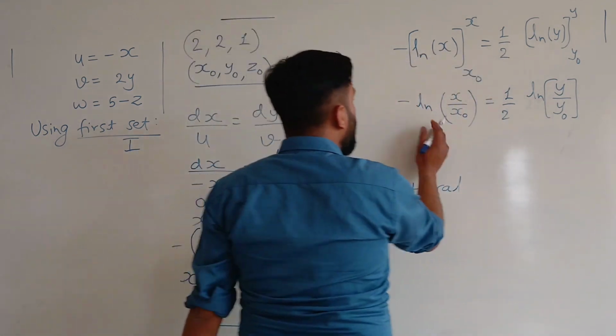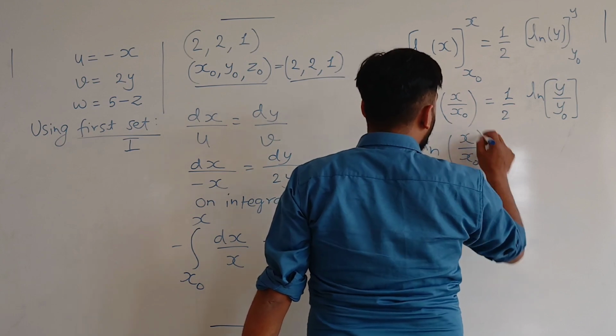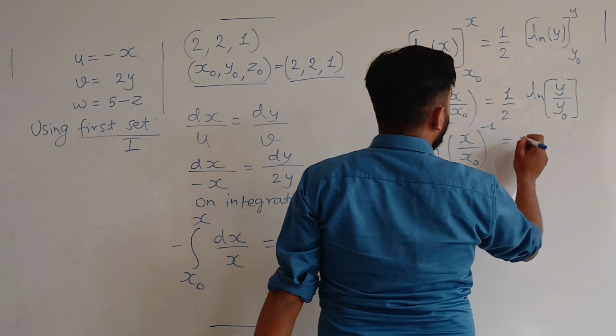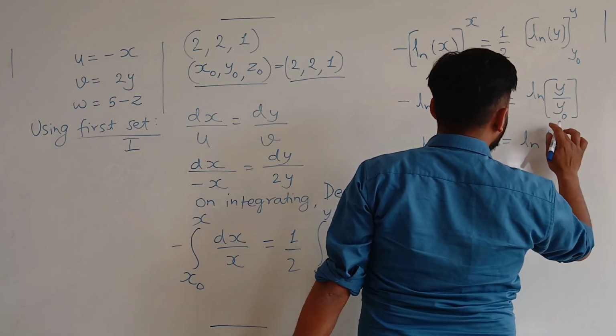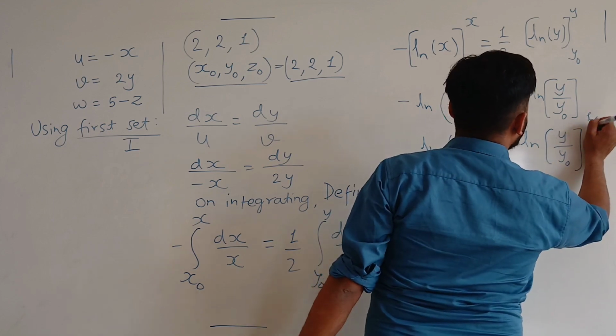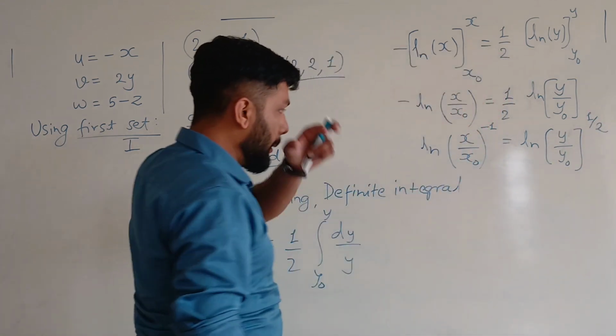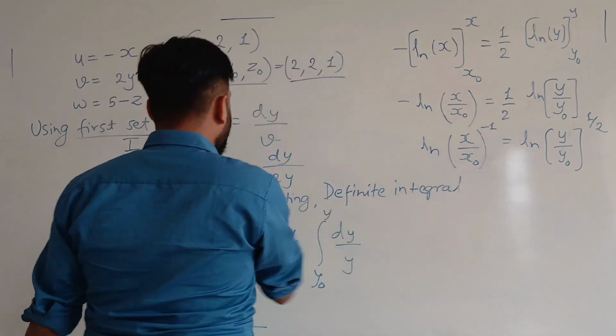So I can also write it like this: ln of x divided by x naught, whole power minus 1. Mathematically I can write y divided by y naught, whole power 1 divided by 2, and I can eliminate the ln sign.